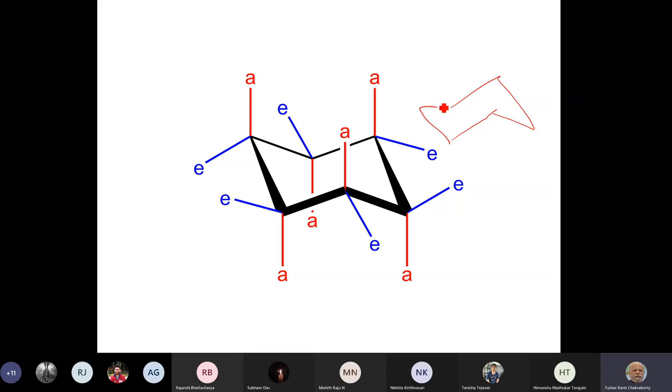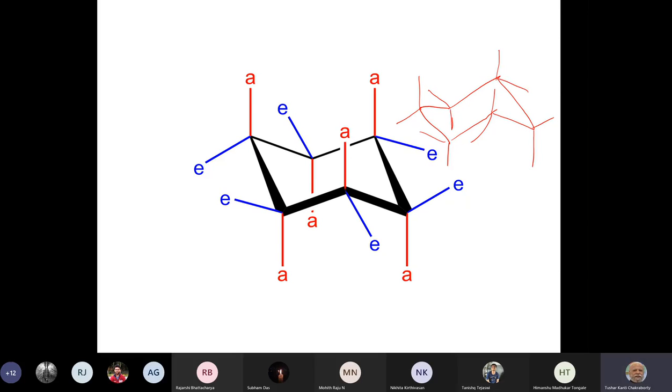This is like a cyclohexane ring, and then you put the axial bond like here as shown. Equatorial will go, and a little practice will make you an expert. This is also equatorial, this is axial, this is equatorial, and this is also axial.